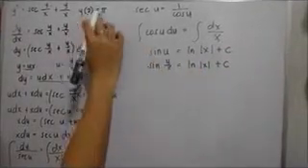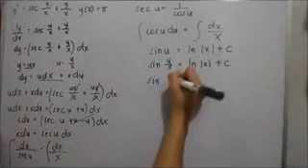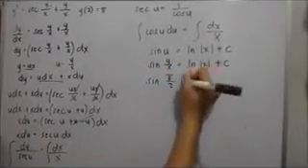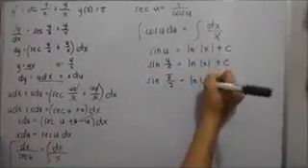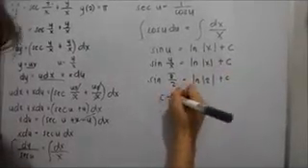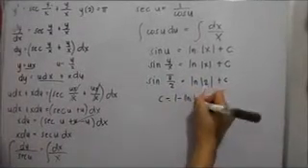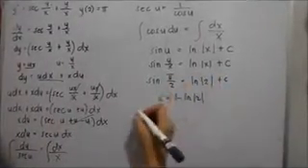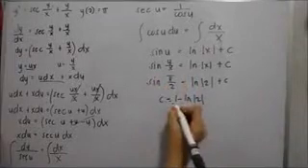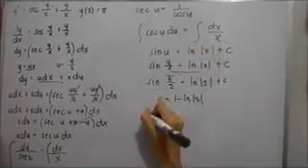Substitute y is equal to pi and x is equal to 2. Sine of pi over 2 equals ln 2 plus c. Then we will get the value of c, which is 1 minus ln of 2. Then substitute this to this equation.